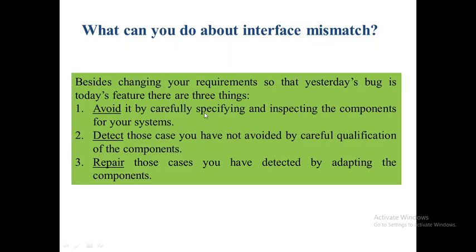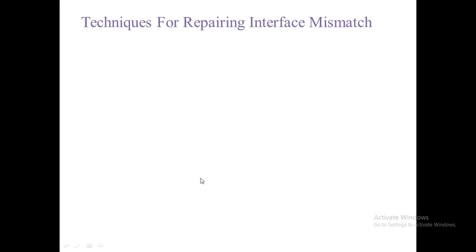From that compatible list, you need to detect the suitable component. Those cases you have not avoided by careful qualification of the components, you may be facing problems. Repair: the mismatches you have detected, adapt the components. If it needs any repair, it should be repaired. That means it should be maintained in a proper manner. Techniques for repairing interface mismatch.